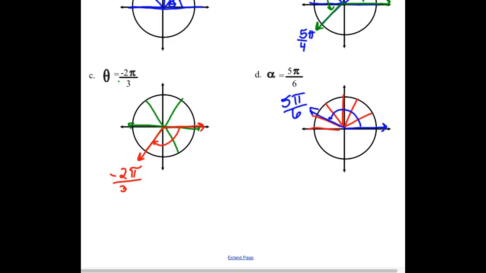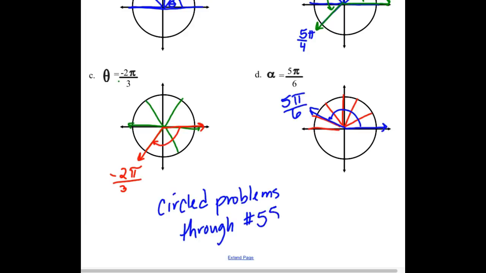Okay. We're going to stop here for today. The homework package you're going to get, remember, is just some book pages from a different book. I have copied the sections you need. You are going to do the circled ones, through number 55 on the Trig -1 sheet.